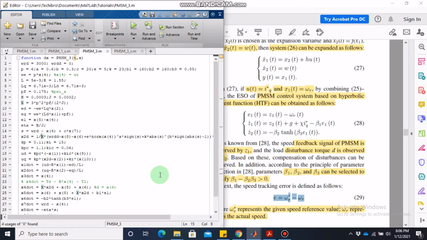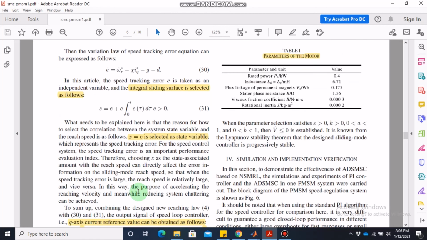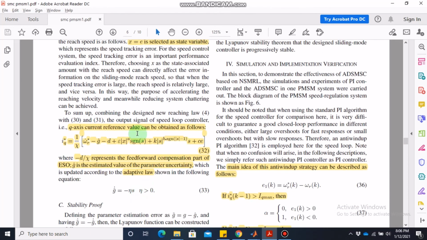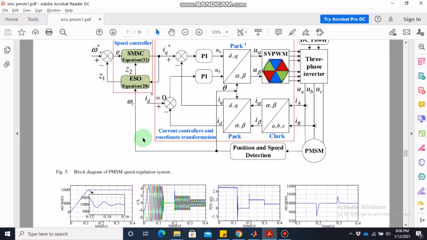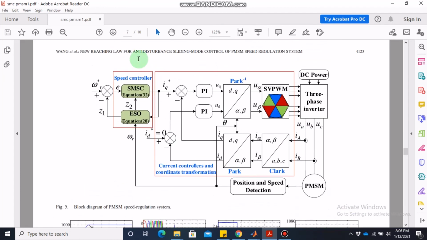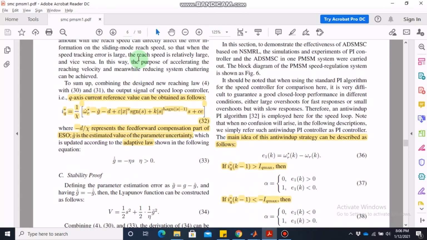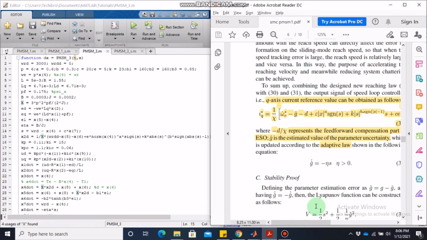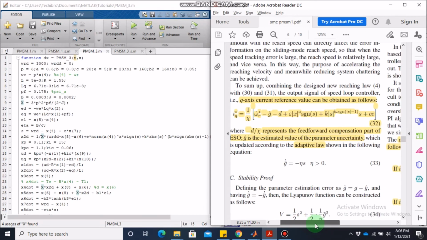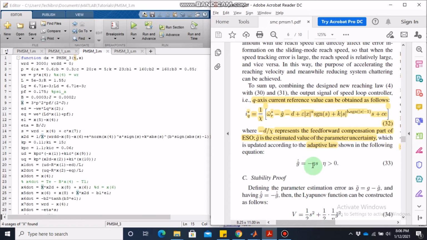So if you go into the paper, it's given right here, equation number 32. This also says that equation number 32 has to come into the Simulink file. So equation number 32 is this one. If you compare side by side, this is 1 over x, omega r dot minus g hat.